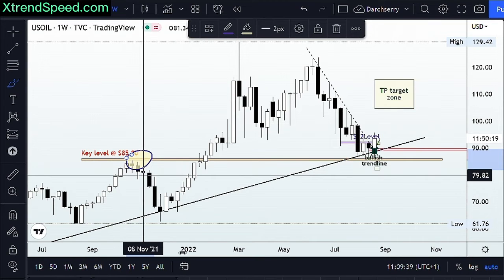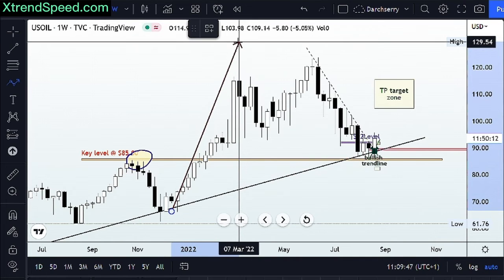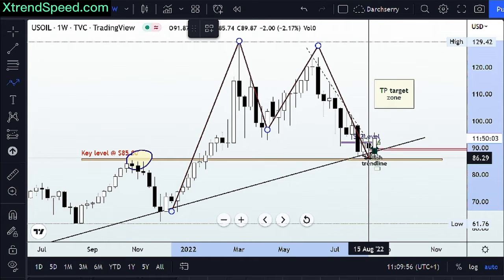Then we witnessed a breakout of that level at the beginning of the year, and price went as far as the $130 level before we saw a retracement back into that bullish trend line, which also shares a confluence with the key level at the $85 level.